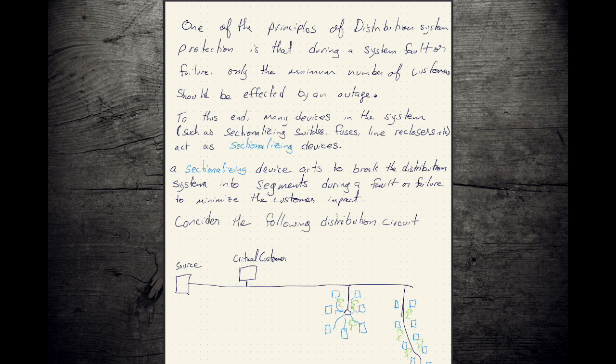If you take a look at the circuit that we've got laid out below here, you've got your source, and this could be back at the station, and this would have a breaker and a relay there, providing nice protection. And you'll have this main trunk line coming out of there.